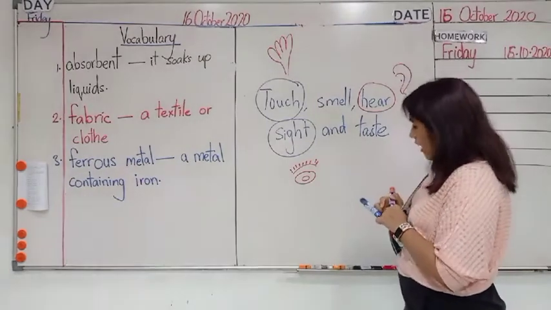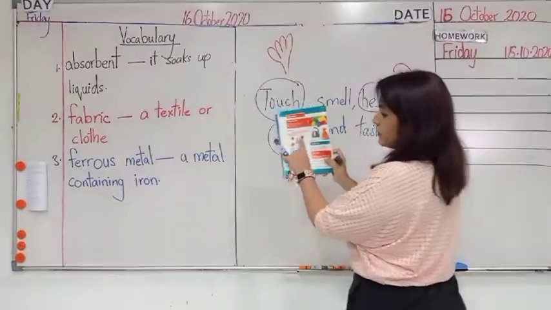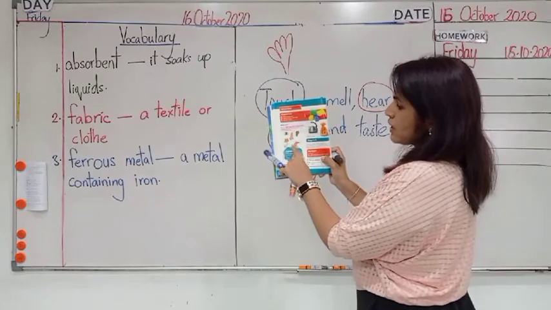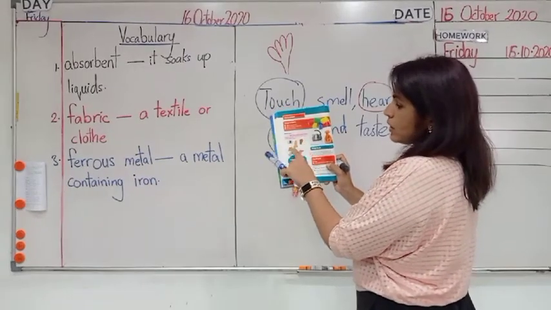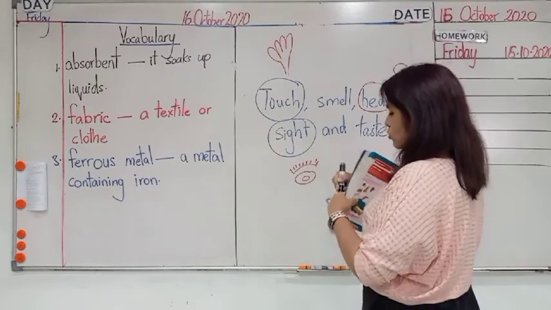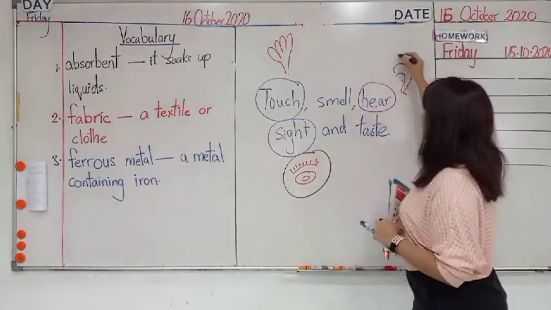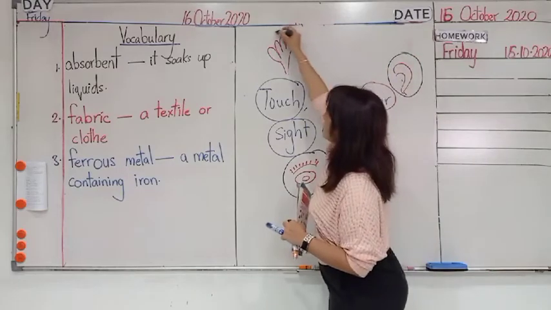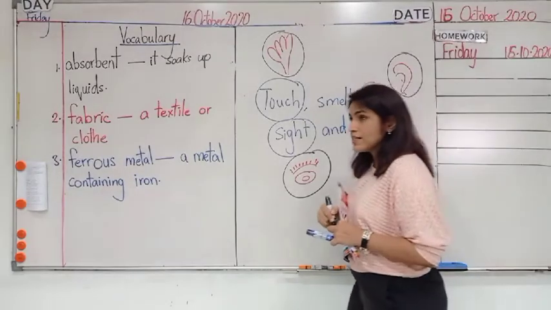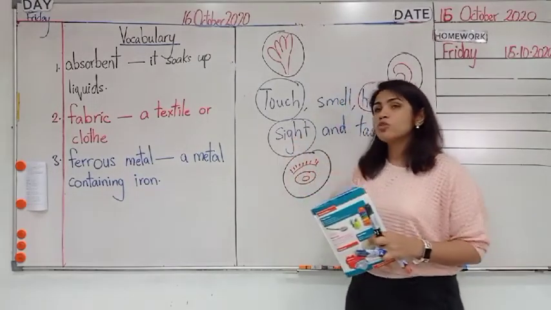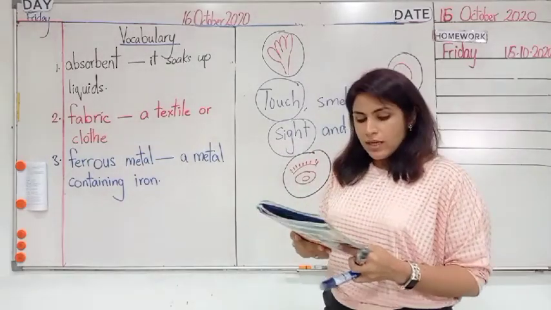At the bottom you can see the pictures given: tongue, feet, nose, ear, hand and eye. I want you to circle the eye, the ear and the hand. So these are the 3 senses which help us to explore the materials better.